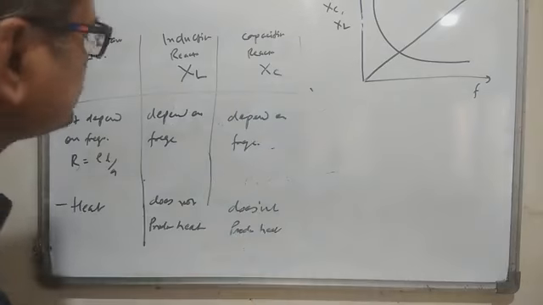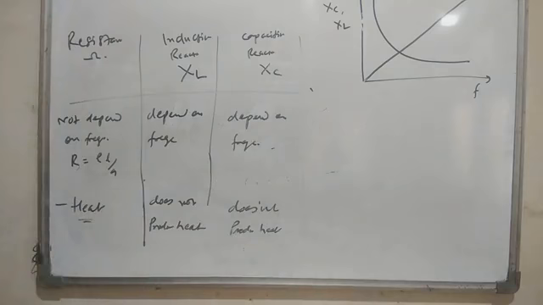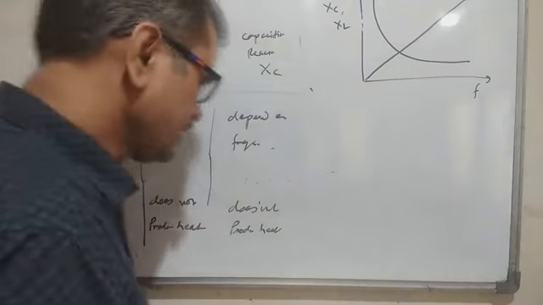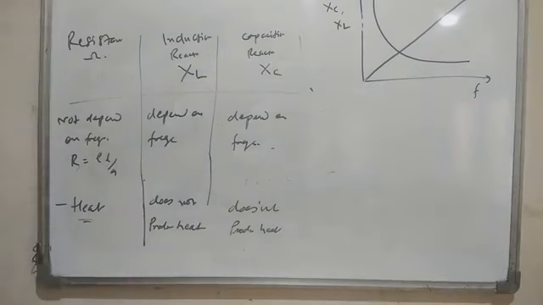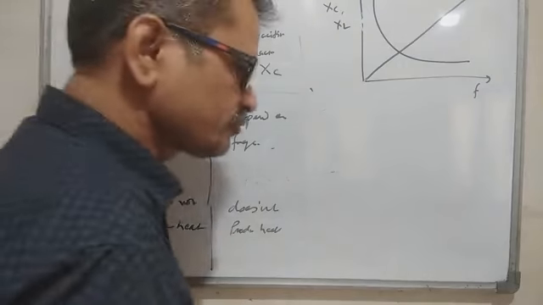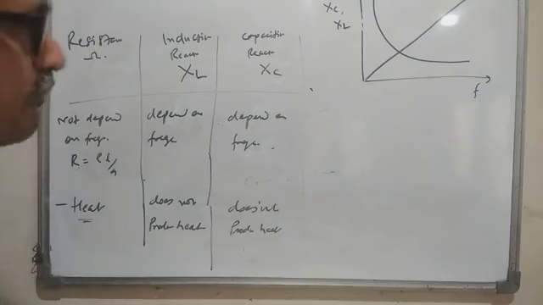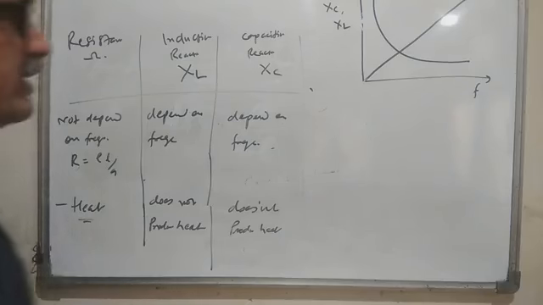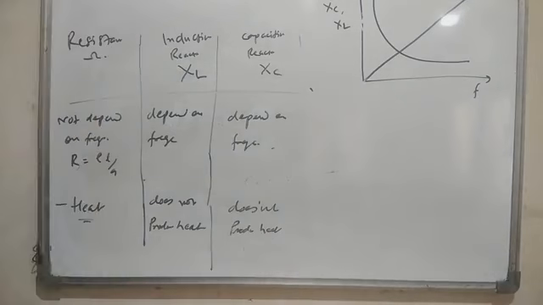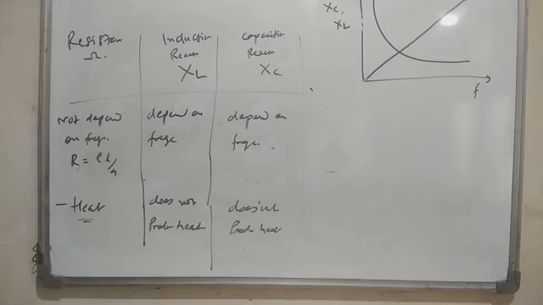It means when you pass the current through this resistance, heat is produced because of I square R, and in case of XL and XC, it is independent of the heat. Heat is not produced when the current is passed through inductive reactance and capacitive reactance. This is a basic difference actually. It is not a very big point. So XL and XC are just like resistances, but they do differ from the pure resistances in case of frequency and in case of heat.